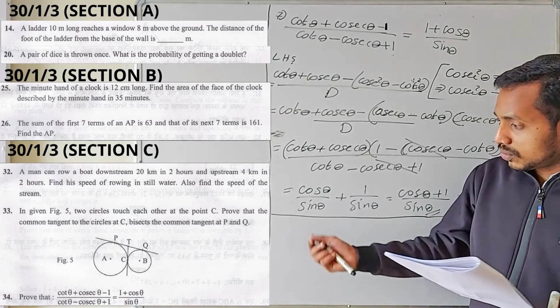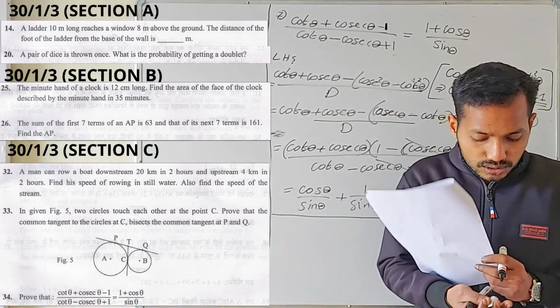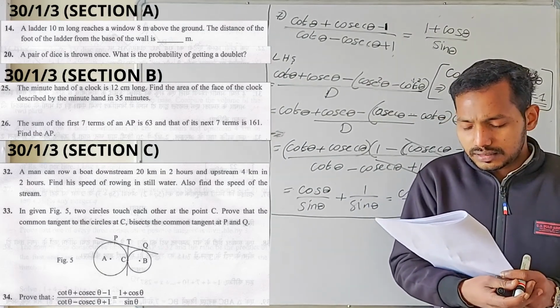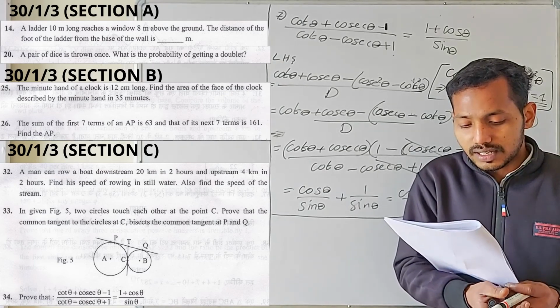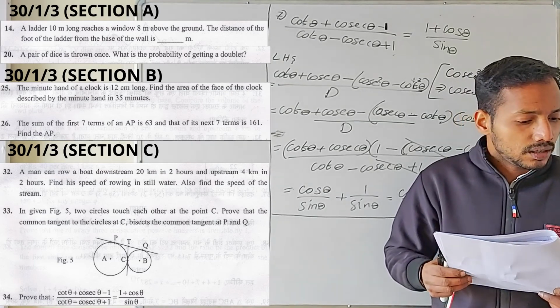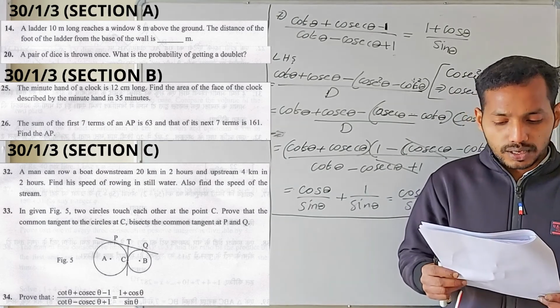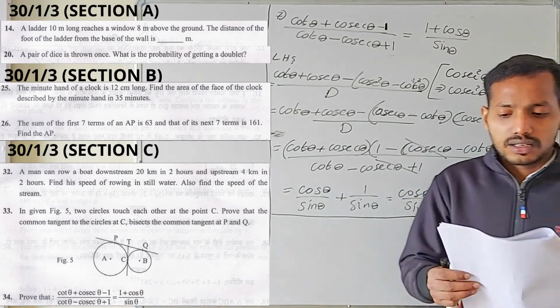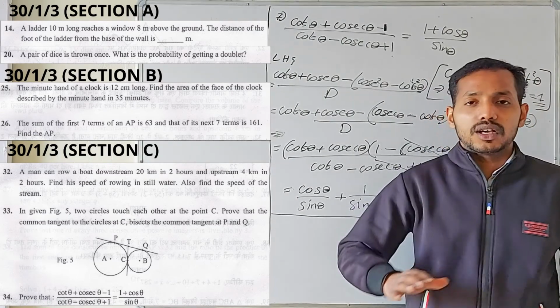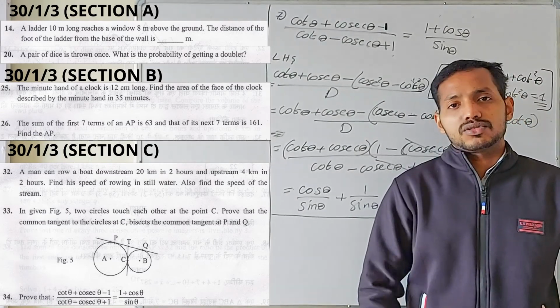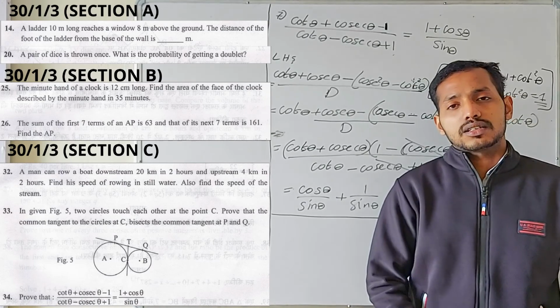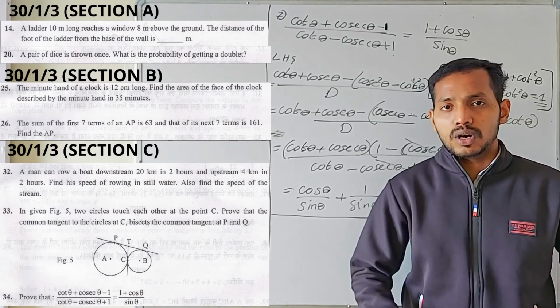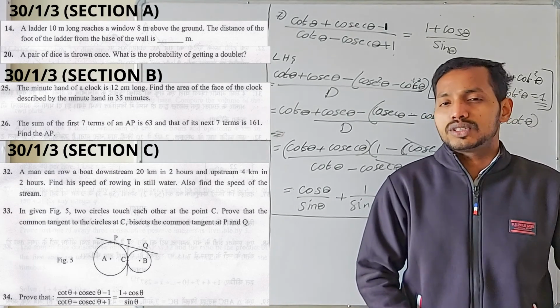The one more question, the last question, is the same question given in exercise 9.1, question number 12. That is a textbook question, so I am not going to solve that. In these videos we have completed all the questions asked in the first set, 31.1, 31.2 and 31.3.